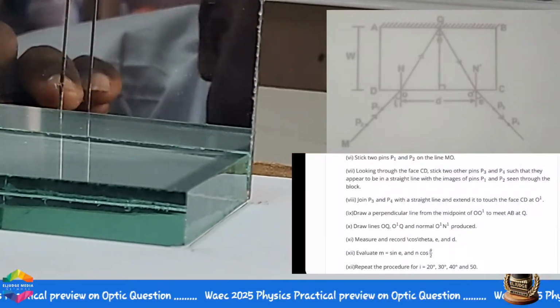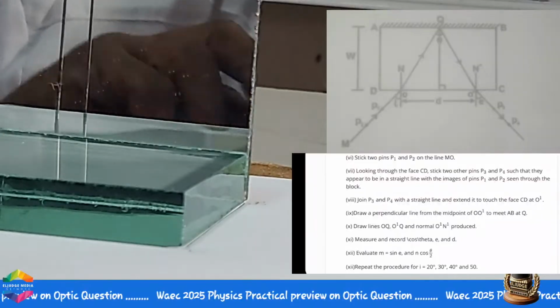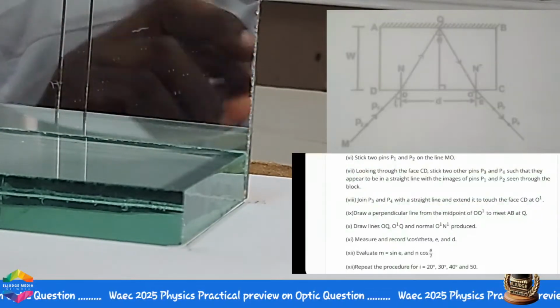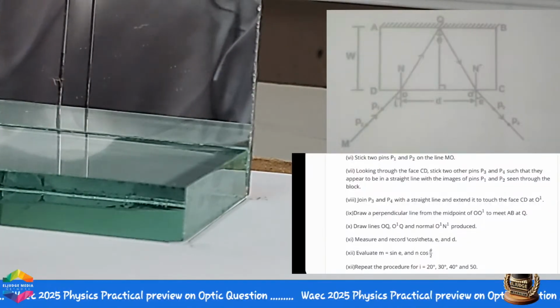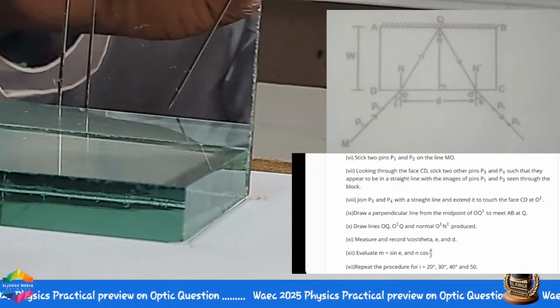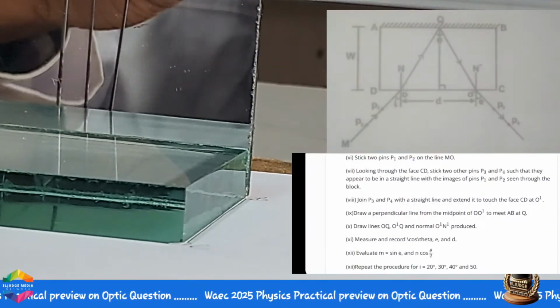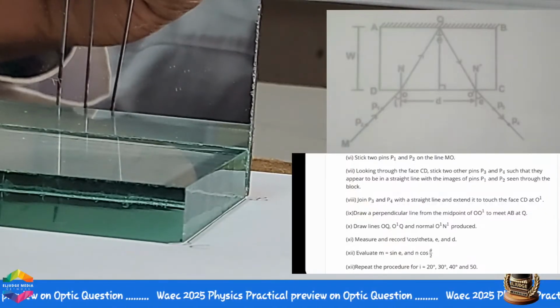You must be careful not to look at the image of the pin from the mirror directly. You are looking through the face CD of the glass block.